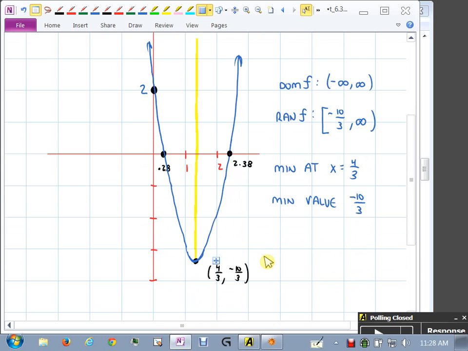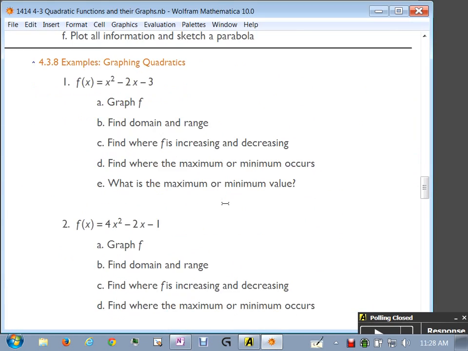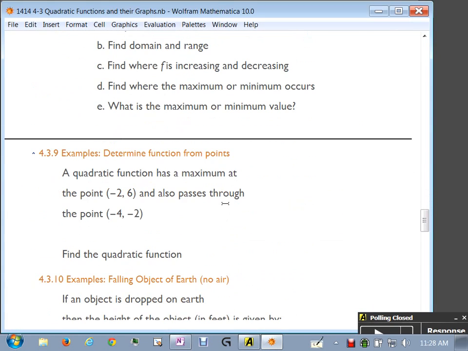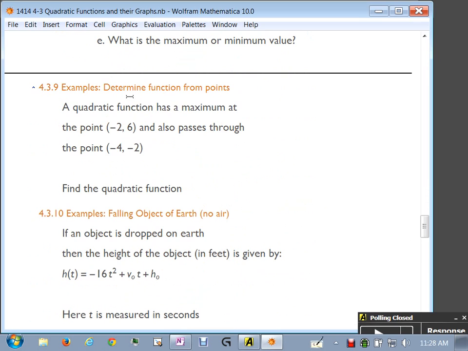Nice, good-looking graph there. The next topic that we have is somewhat interesting, I think. Determine the function from the points. So far, I've given you a function and asked you to graph a parabola, right? Now I'm going to say, look, we have a quadratic function that has a maximum at this point.